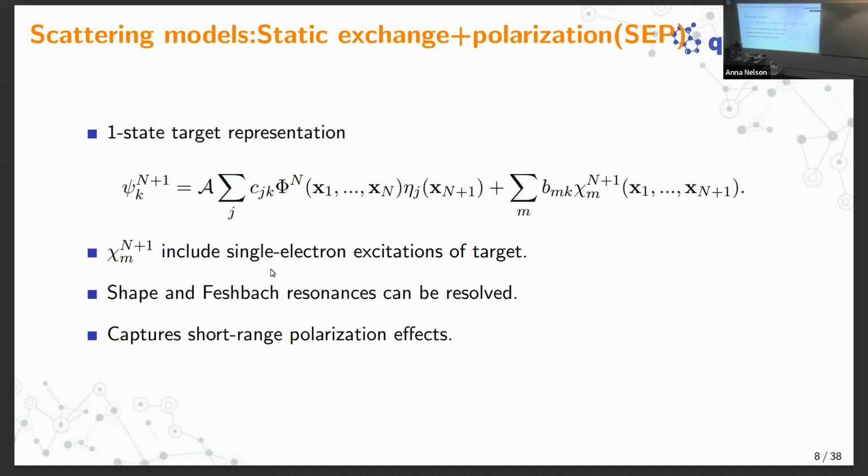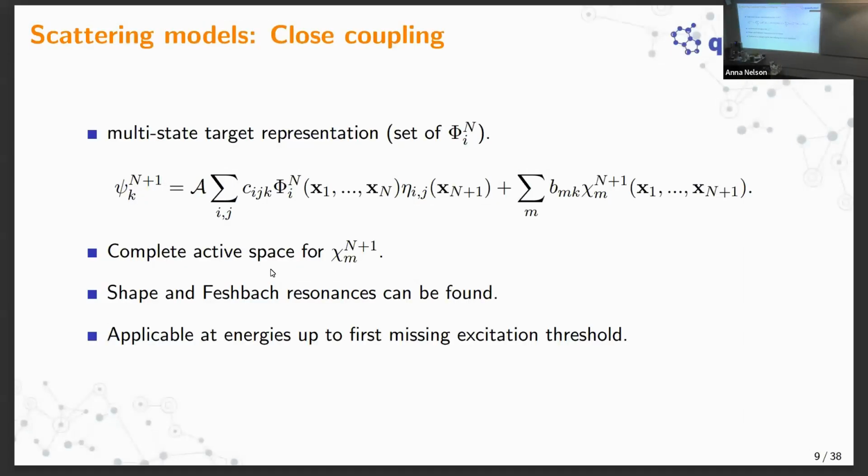So if you want to go one better than this method, you have to go to the close coupling method, where you include multiple target states here. You have a range of these target states, and you then move to things like complete active spaces, more complicated forms for this function. So this allows you to get shape and Feshbach resonances, and you can extend the energy range as well.